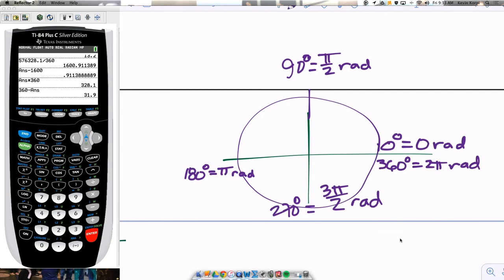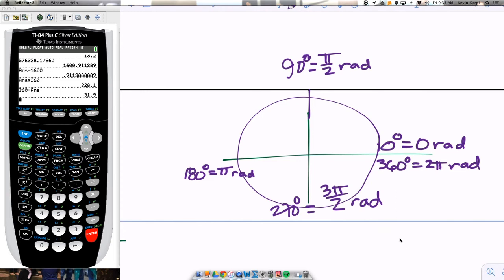These are called your quadrantal angles, because they terminate on the axes themselves. They don't fall in the interior in any given quadrant. These are ones that you're going to be so familiar with, you might want to memorize them now. 90 degrees is pi halves. 180 degrees is pi. These could also be conversions. If you're ever trying to convert from degrees to radians, any one of these equations will allow you to convert.